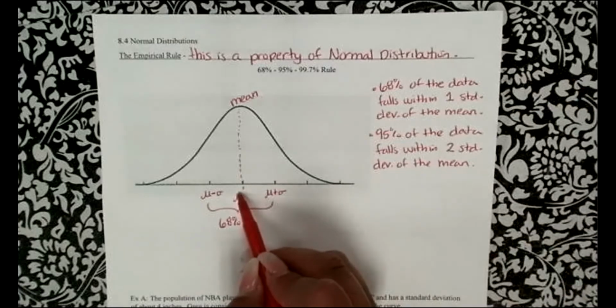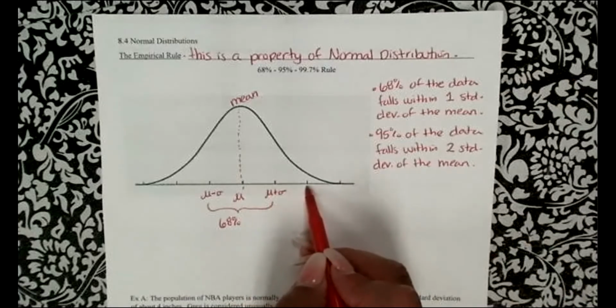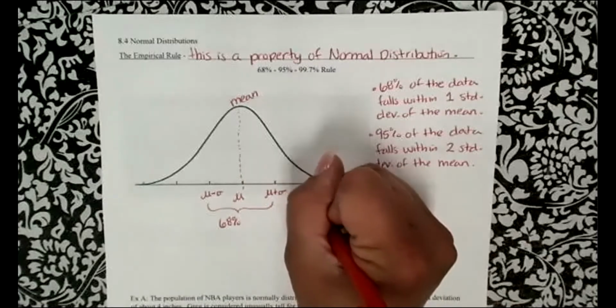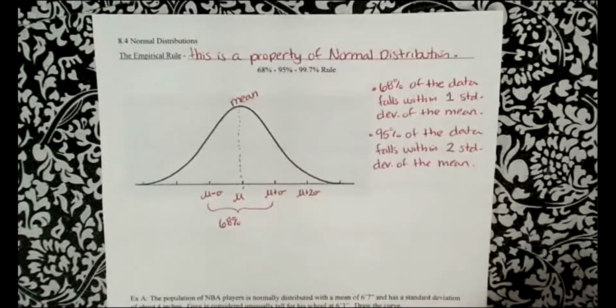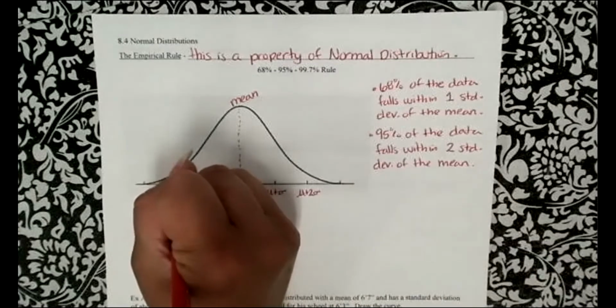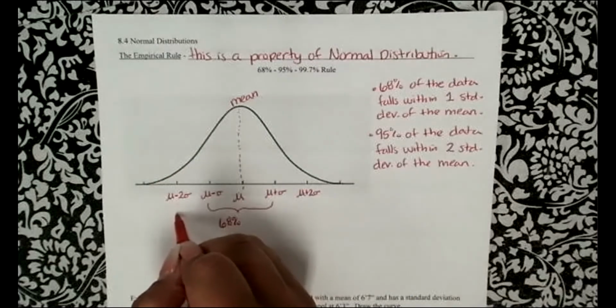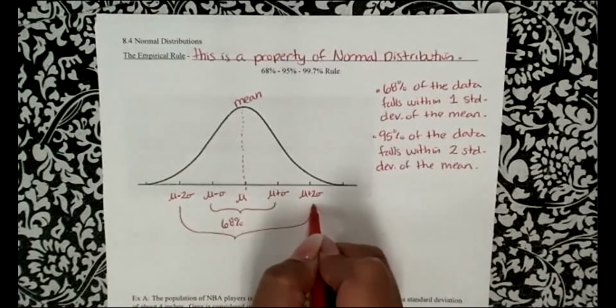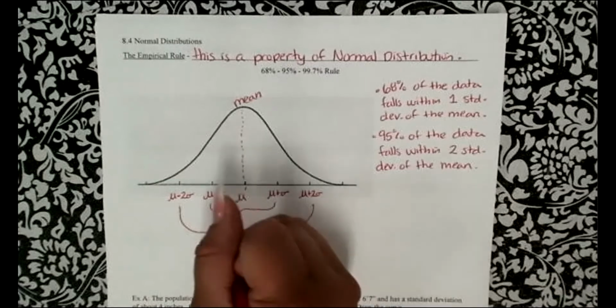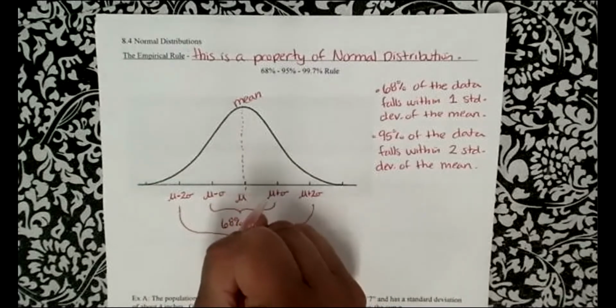So if this is the mean, one standard deviation, two standard deviations. So this is going to be the mean plus two standard deviations, and this one is the mean minus two standard deviations. So from here to here lands 95% of the data.